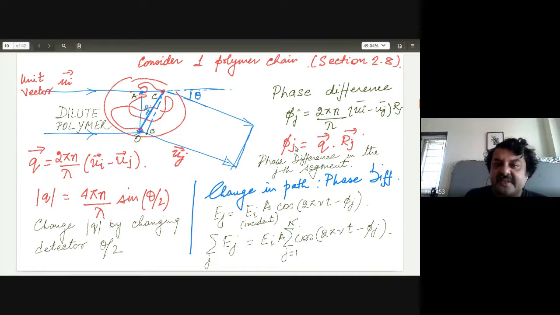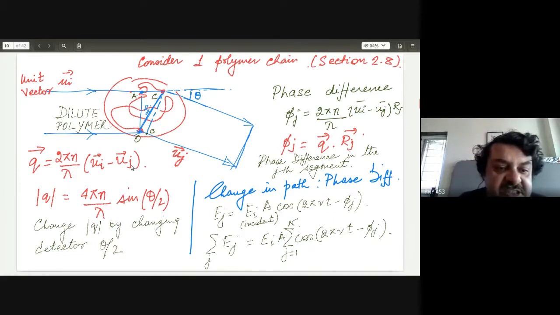And then this phase difference due to scattering from these two points can be written as phi j. If you consider this to be the origin and this to be j, this can be written as q vector dot rj, rj being this vector, and q vector is 2 pi n by lambda times ui minus uj.